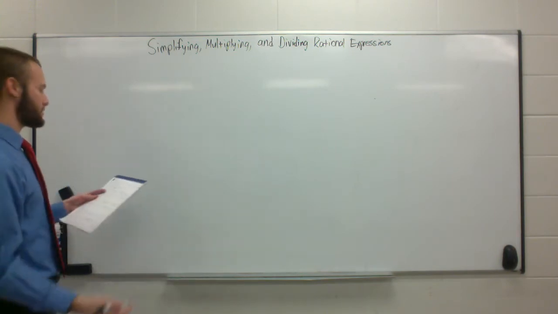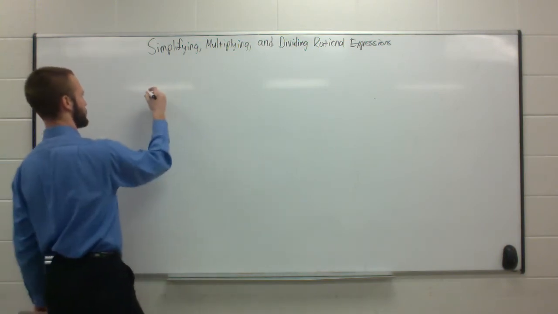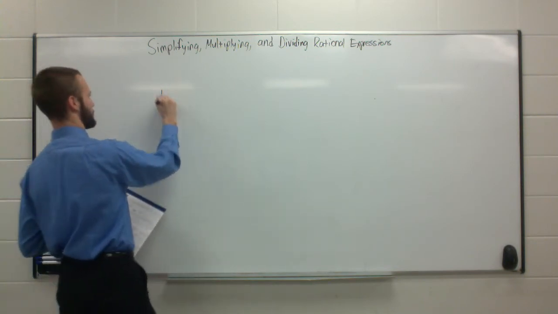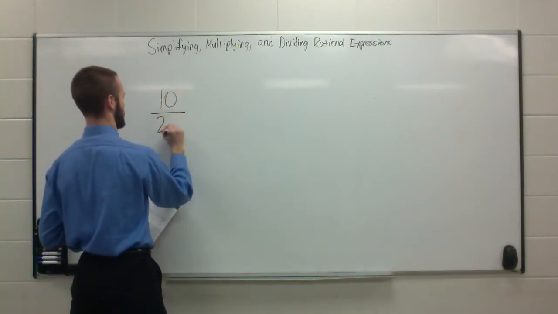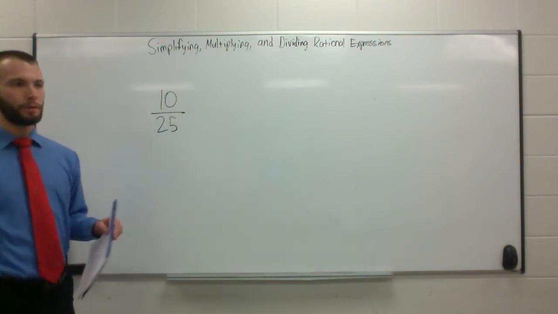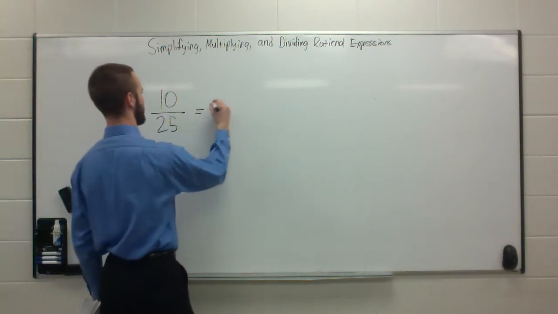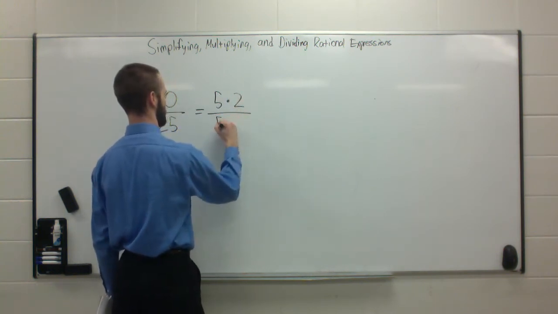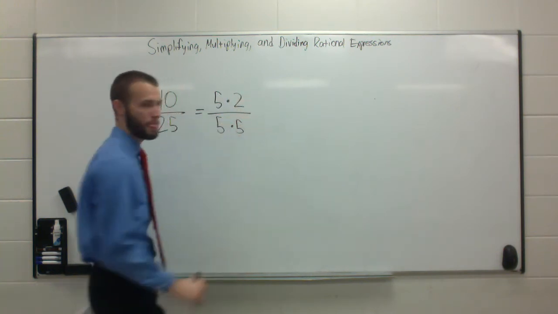We can simplify rational expressions just like we simplify normal fractions. Say we have the fraction 10 over 25. We know that 10 is 5 times 2, and 25 is 5 times 5.